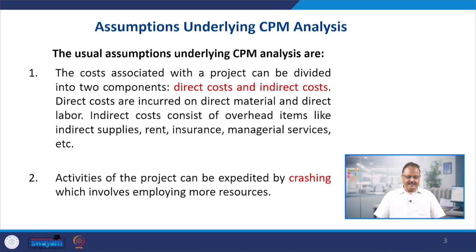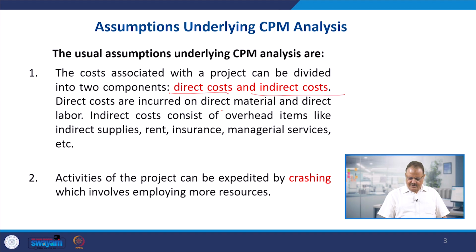So first we have to take the assumptions underlying CPM analysis. For this particular thing, when you are applying the process of developing the critical path, we have to take these different assumptions. Number one, the cost associated with the project can be divided into two components, that is the direct cost and indirect cost. As I just told you, direct cost increases with the reduction of the time, indirect cost comes down with the reduction in the time.